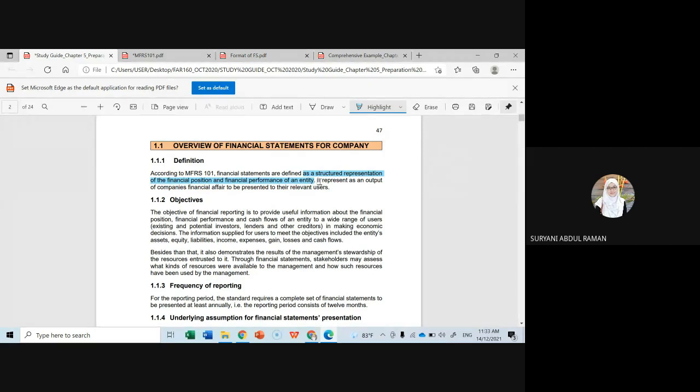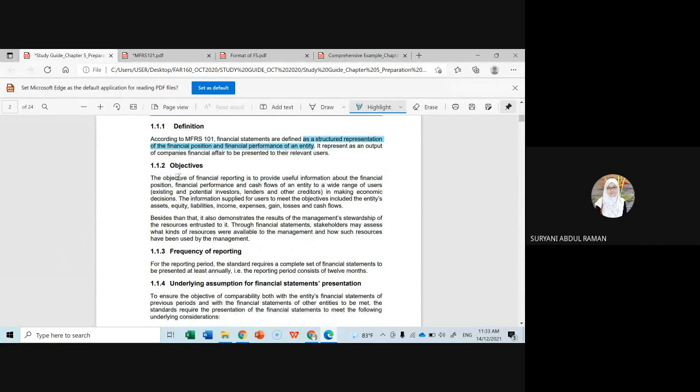You are going to show the company's financial position and the company's financial performance. That is the objective of preparing the financial statements, so it suits the definition. In other words, it represents an output of the company's financial affairs to be presented to their relevant users. These are the details of the objective, which relates to the definition just now.